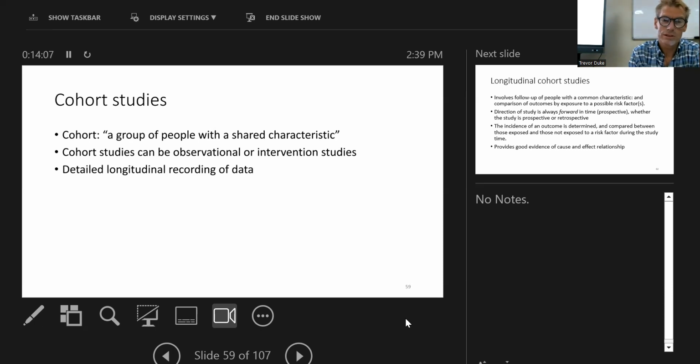And cohort studies, the primary thing about them, unlike case control studies, is cohort studies are always prospective, right?